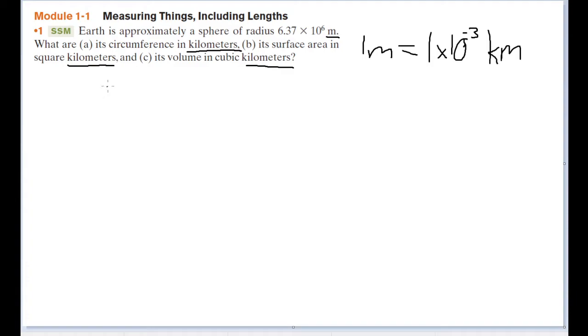So our radius here, let's call it r sub e, is going to be 6.37 times 10 to the 3rd kilometers.